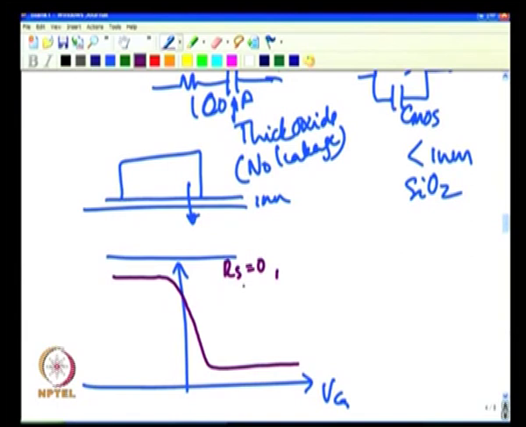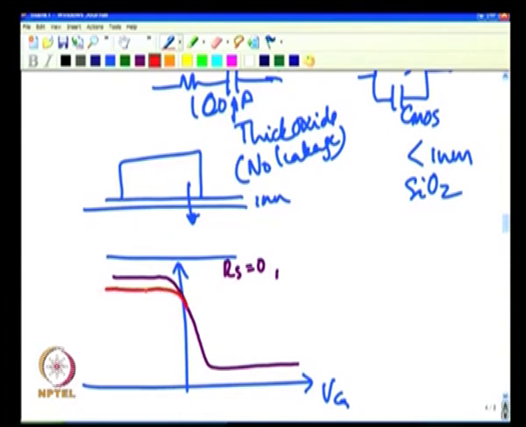But if RS is not 0, then if you are doing the CV measurement, what will happen is that in the low capacitance value range the effect will not be as great, but when the capacitance is very large, you will actually see a degradation of the capacitance.